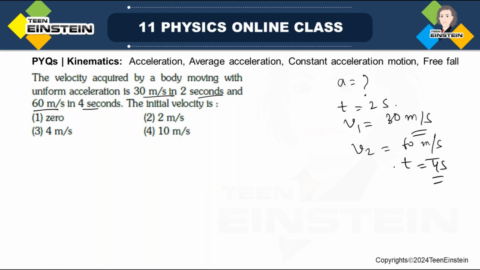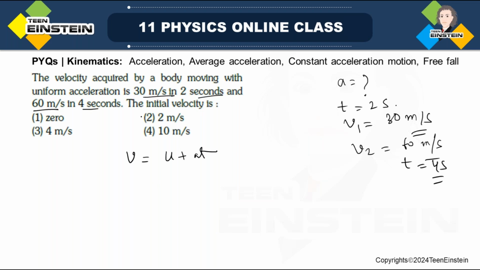So what is the initial velocity? That is what we have to find out. But before that, acceleration also is required, isn't it? See, v is equal to u plus at, that we know.